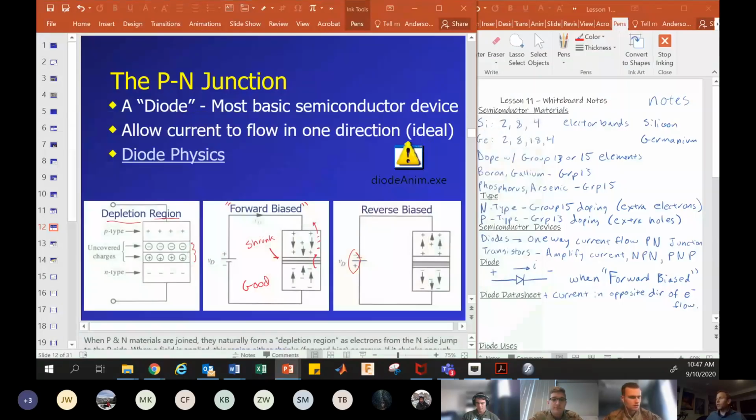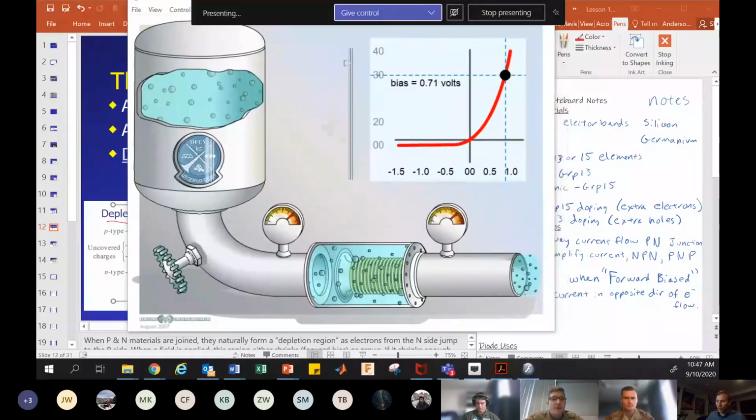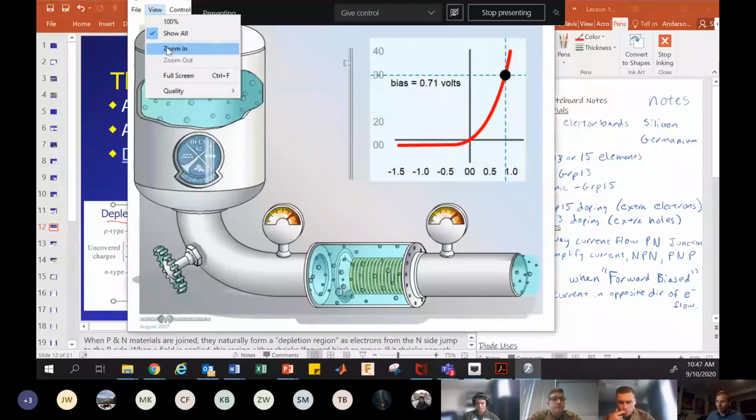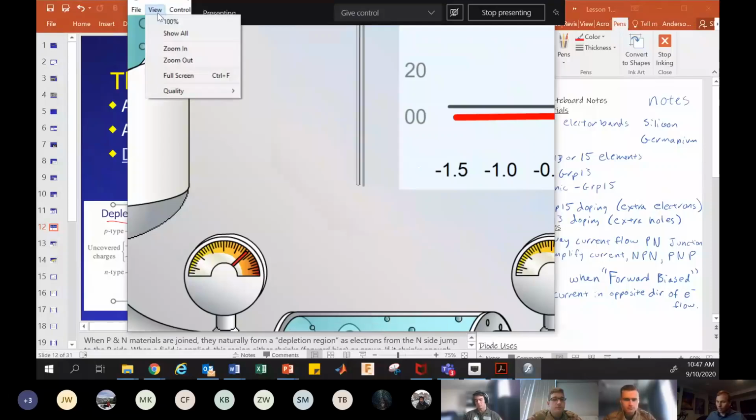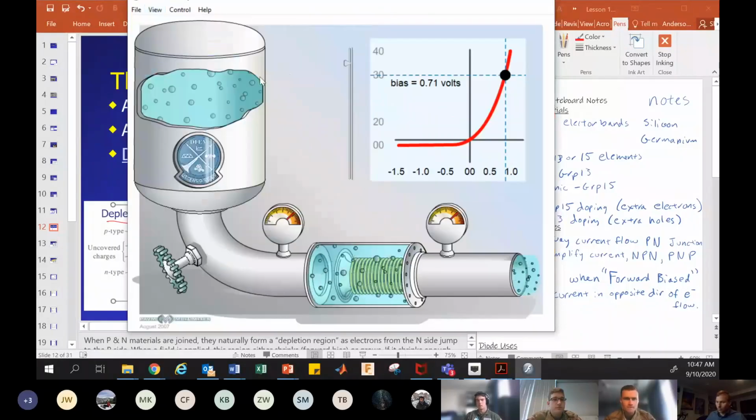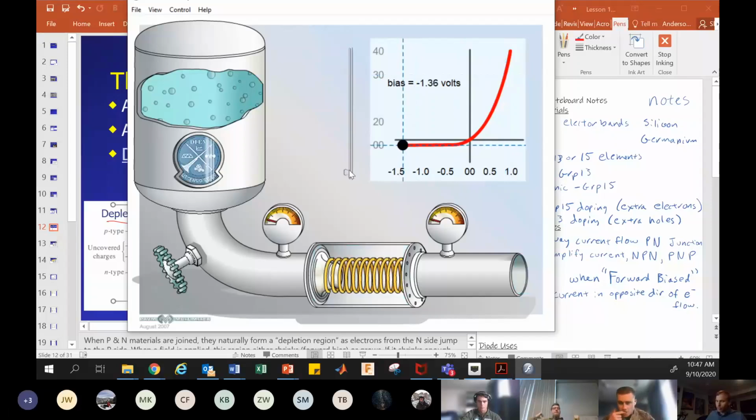The other is, I mentioned we're going to use this hydraulic analogy to help us understand how things work. So here's one for a diode. Imagine you had a tank of water, and you've got this check valve.